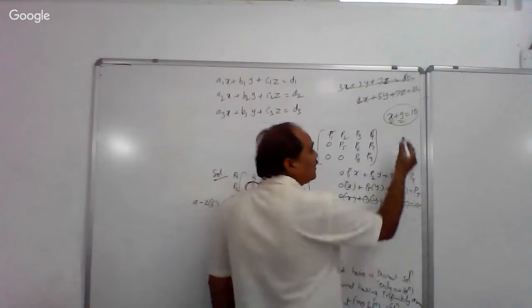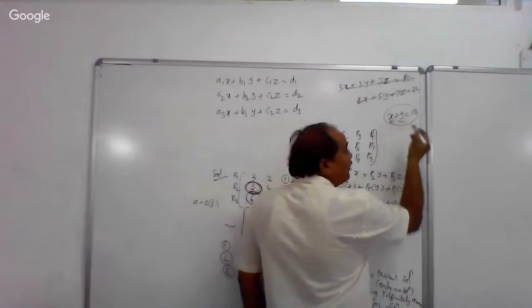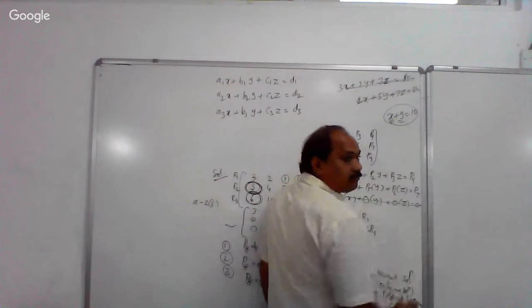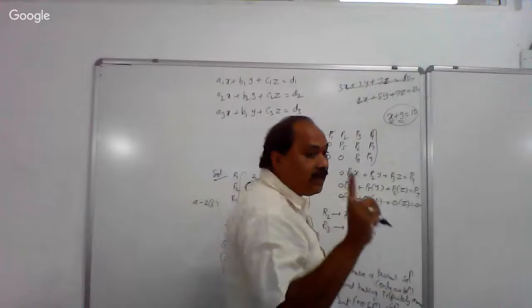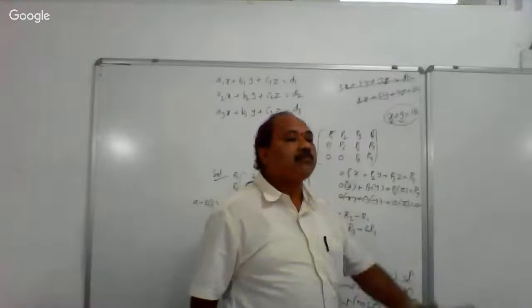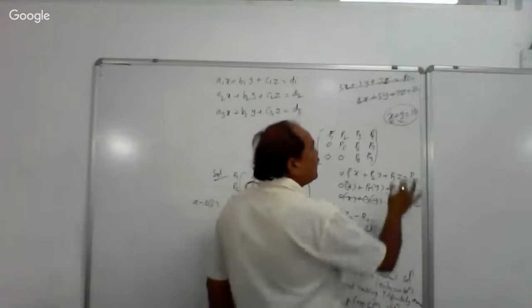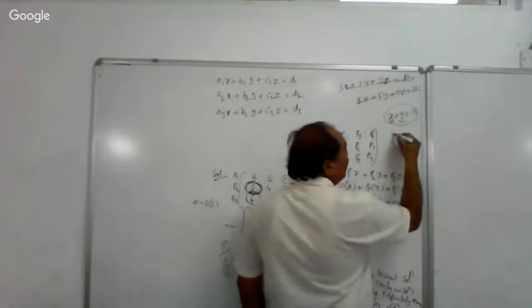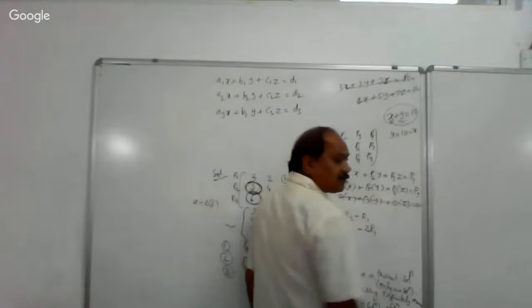Okay? That's why, suppose the number of unknowns is two but equations are only one. A unique solution is not possible. Of course, by solving we have infinitely many solutions. How? y equal to 10 minus x.